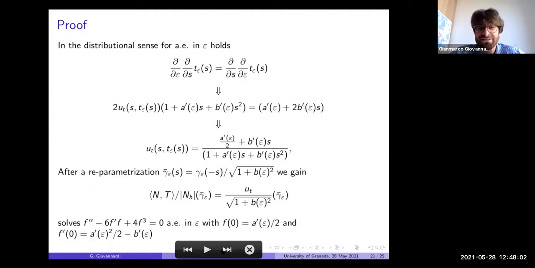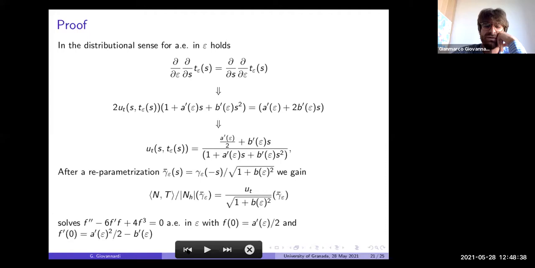But in the distributional sense, for almost every epsilon, because in s we are smooth but in epsilon we are not smooth, we are only C^1,1, the second cross derivatives have to be equal almost everywhere, not at each point. On the left-hand side, we have to compute t prime epsilon, and we have to consider the derivative with respect to epsilon of t prime epsilon.